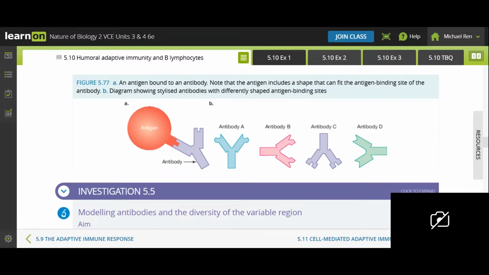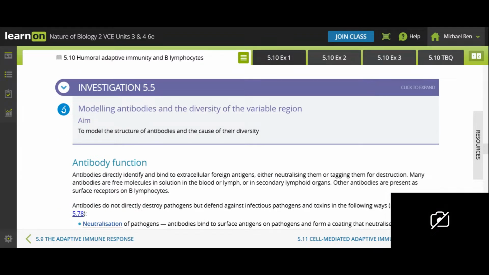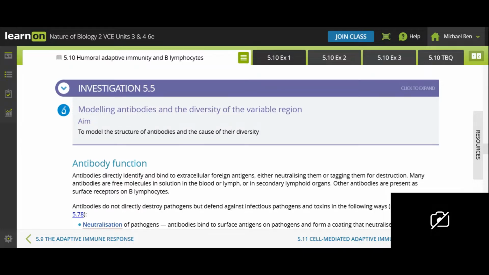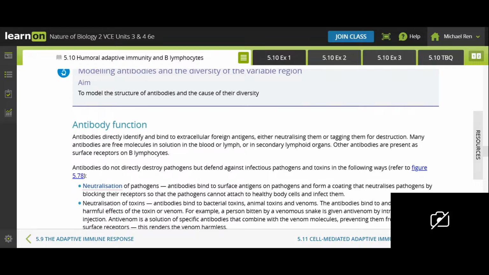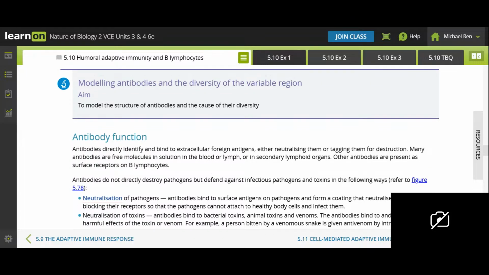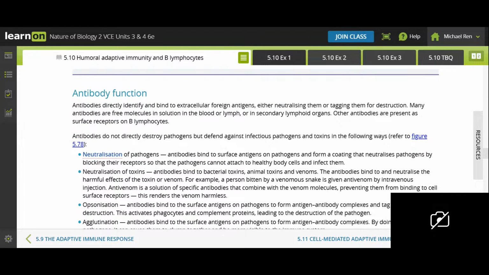The antibodies bind to the epitope of the antigen, which is the part of the antigen that the antibodies can bind to. They have several functions. One is neutralization, which neutralizes the pathogen or toxin so that the pathogen, usually a virus, cannot infect body cells, and the toxin is inactivated, rendered useless.